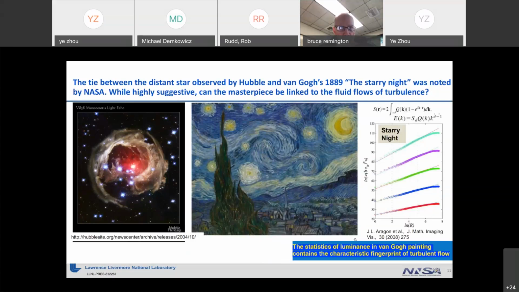That's given by the picture on the right. The conclusion is that if you compare the statistics of the luminance in Van Gogh's paintings, they do contain the characteristic fingerprints of turbulent flows. So I thought that's very interesting.